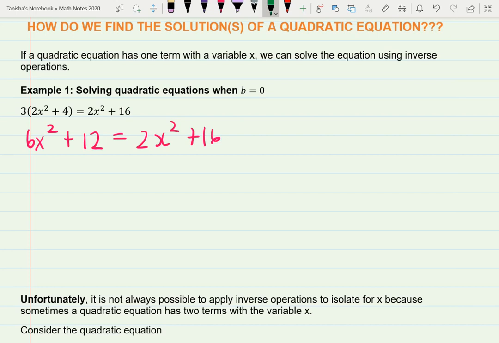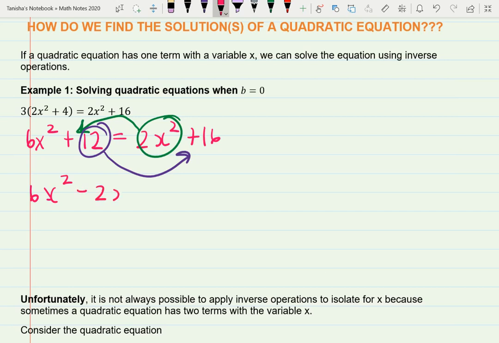So I'm going to bring the 2x squared to the left and move the 12 to the right, remembering to change the signs as I bring them to opposite sides of the equal sign. So you have 6x squared minus 2x squared is equal to 16 minus 12.